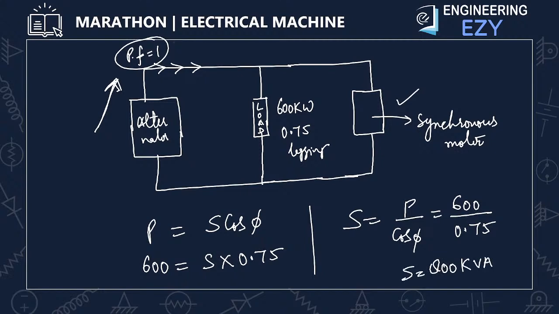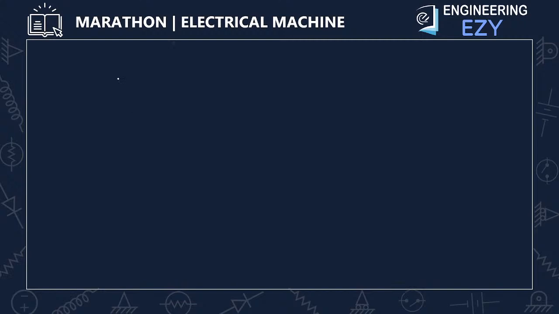How much reactive power? The reactive power of the load Q is equal to S sin phi. So it is 800 into sin phi, and if you calculate, sin phi is 0.6614.